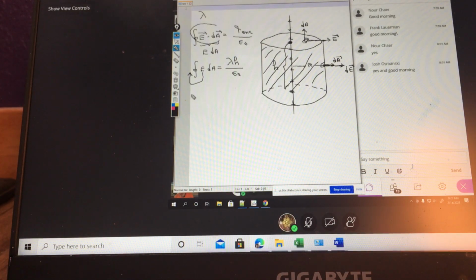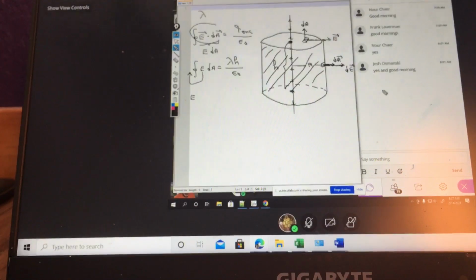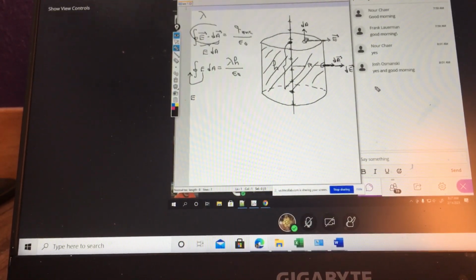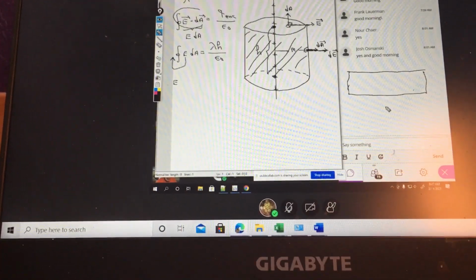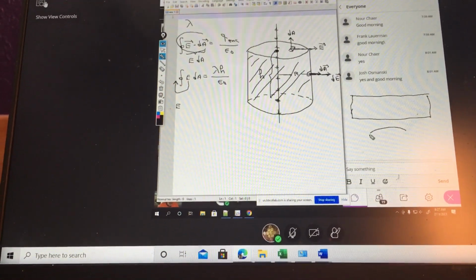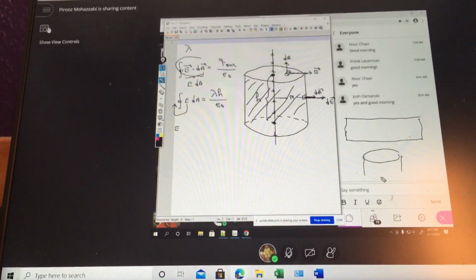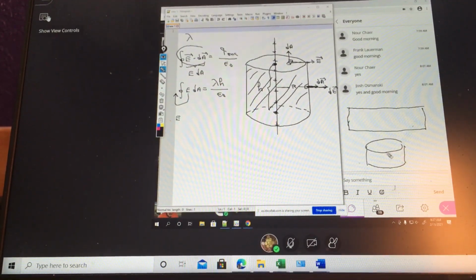So that would be E times the area of the side wall of the cylinder. What is that area? Think about this. Suppose that you have a piece of paper like that, and then make it circular, make it look like this, and let's say you tape it here.